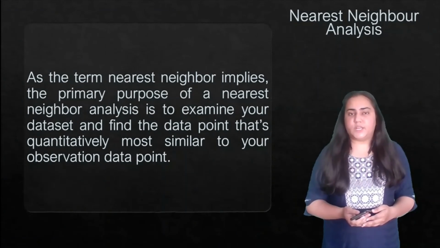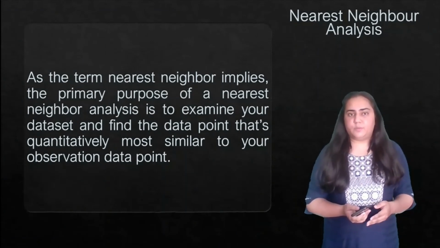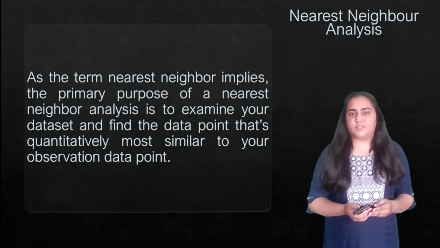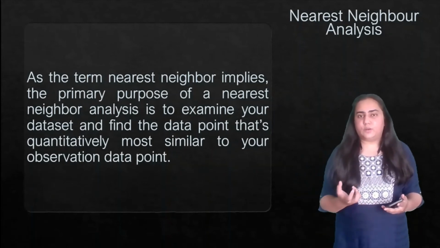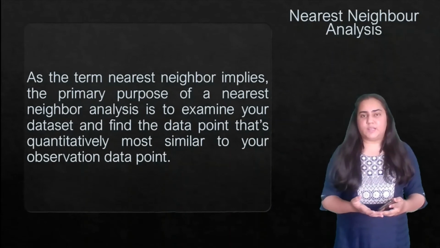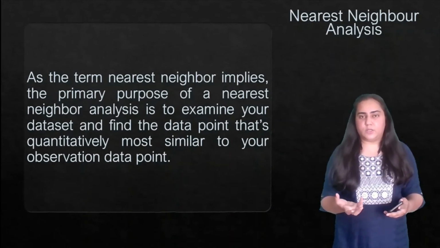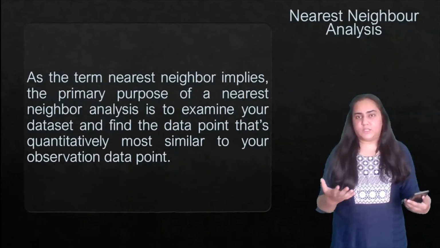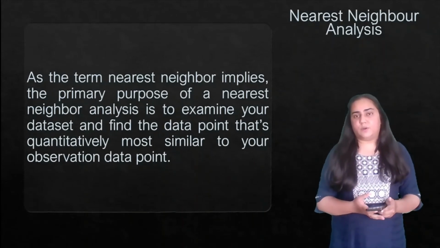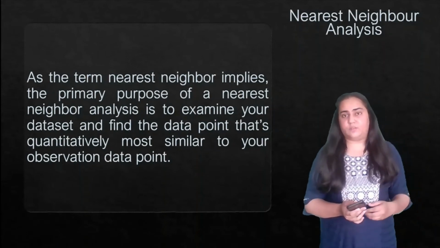As the term nearest neighbor implies, the primary purpose of a nearest neighbor analysis is to examine your data set and find the data point that's quantitatively most similar to your observation data point. So you already have a data set, and if you want to put a data point into a particular category, nearest neighbor analysis analyzes that data point and finds the closest data point to it.